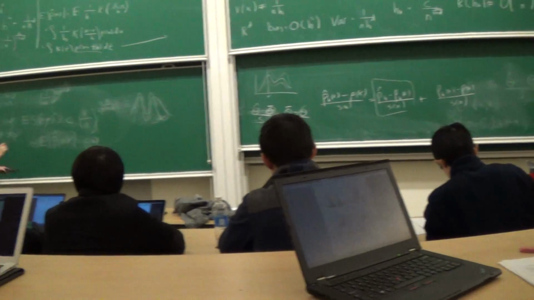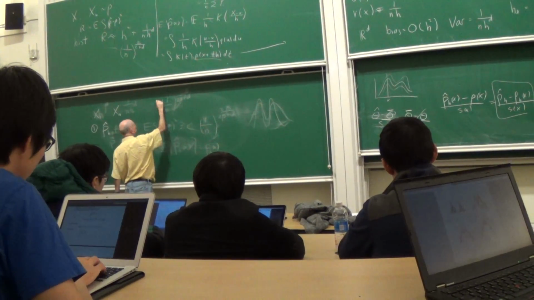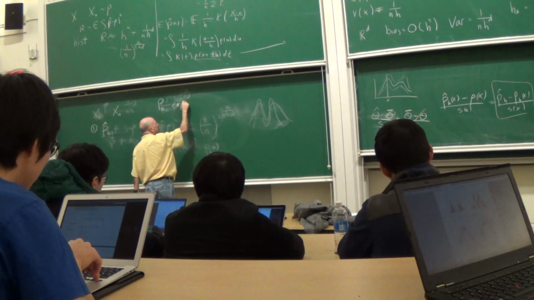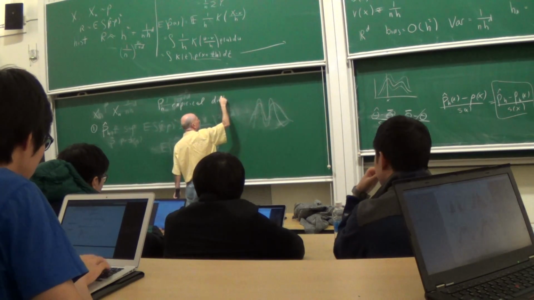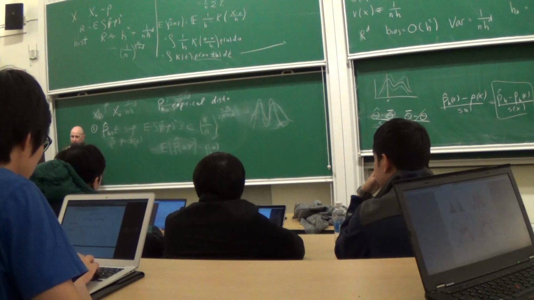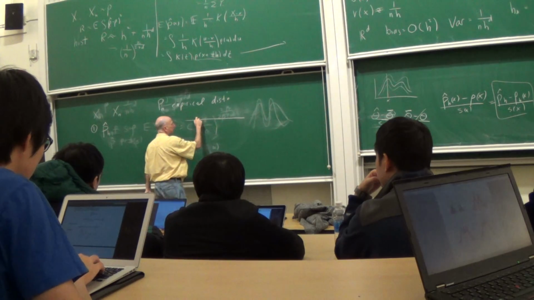Now, step two is, well, I need some notation first of all. Called the empirical distribution, which just means the distribution which puts mass 1 over n at each data point.